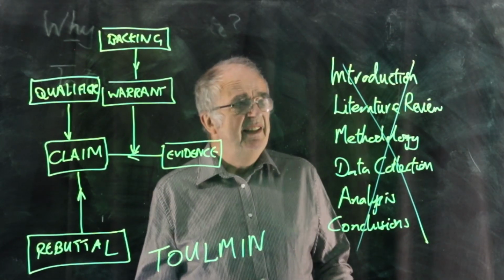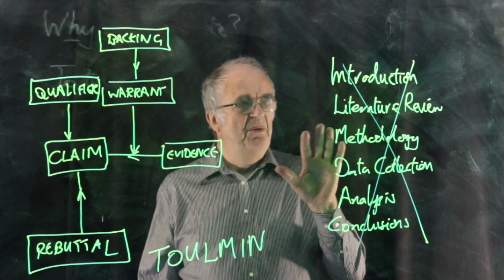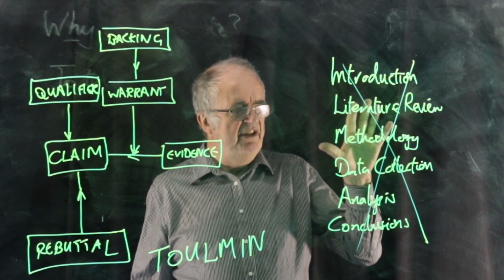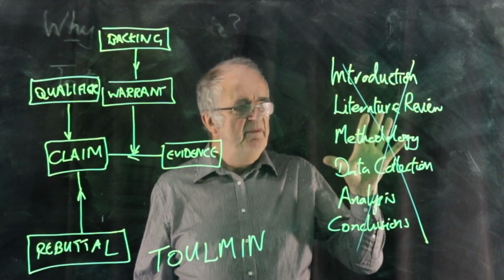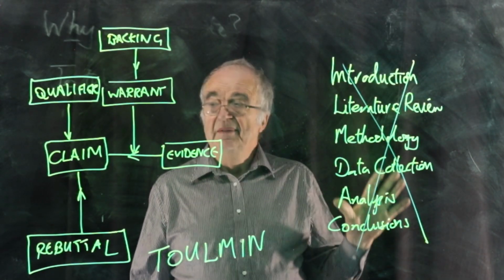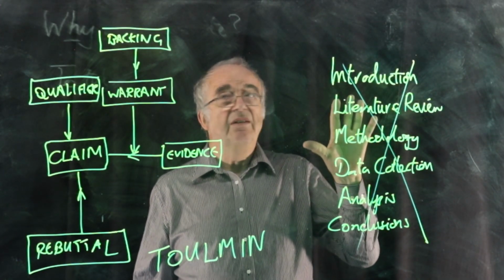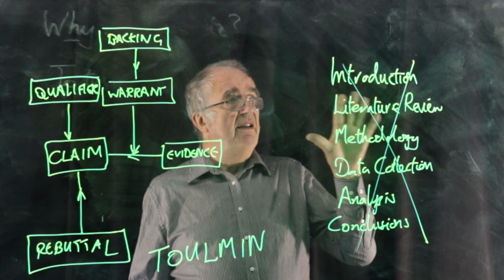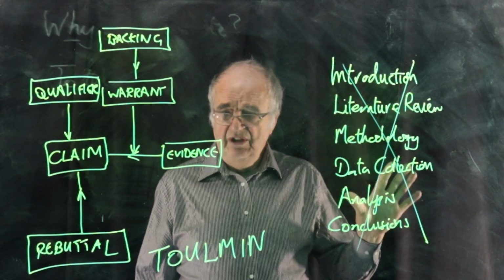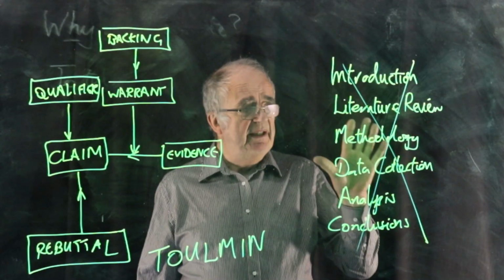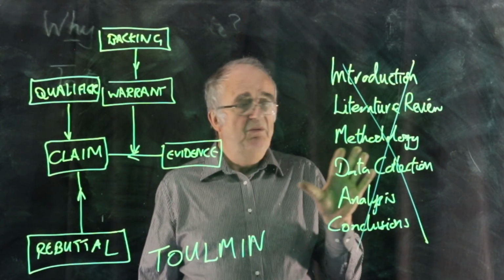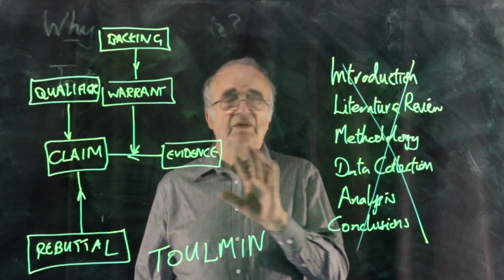Now, that doesn't map onto the structure of the dissertation as you've been told it by your friends or as you've found it on the internet. The structure of the dissertation in terms of chapters, if it turns out like that, fine, but the methodology is, well, where does the methodology fit in?